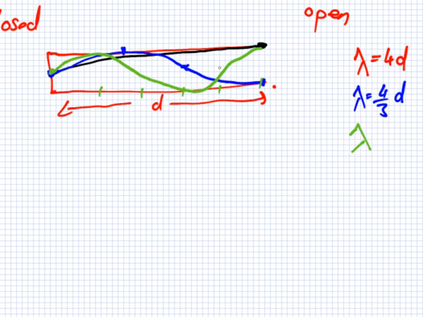In this green wave I've drawn one wave and then one quarter. Or have I made it too much? I think it's right. I've drawn 5/4 of the wave inside of it.